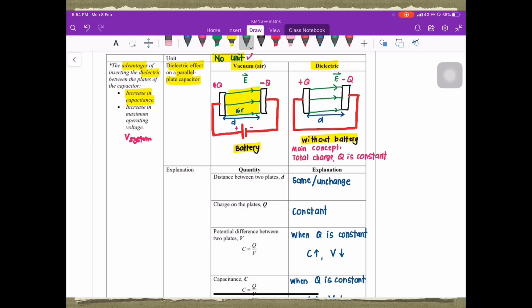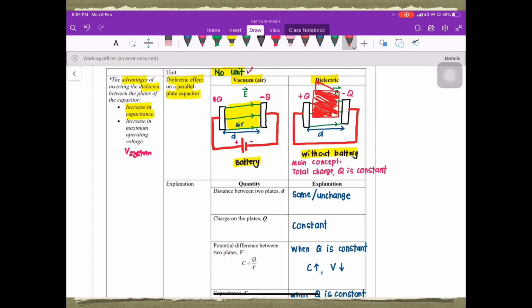But now when we insert, let's say, a paper between them, what happened here? Look at the electric field here. What happened to the electric field? So the electric field produced here will decrease. Alright. Now what happened between the plates? First, the distance between the two plates, here and here, is the same, unchanged.